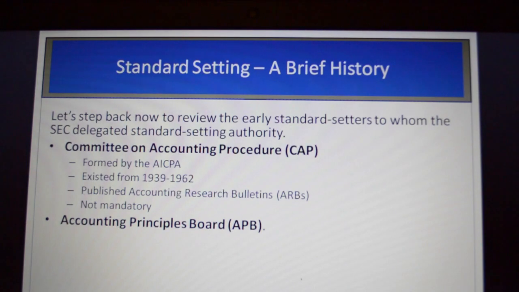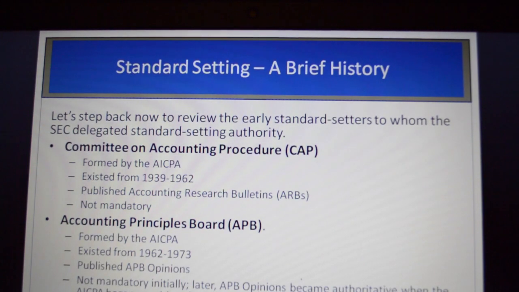Accounting Principles Board, APB, formed by AICPA, existed from 1962 to 1973, published APB opinions, not mandatory initially. APB opinions became authoritative when the AICPA began requiring disclosure for departures from GAAP.